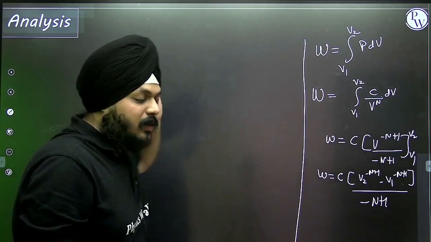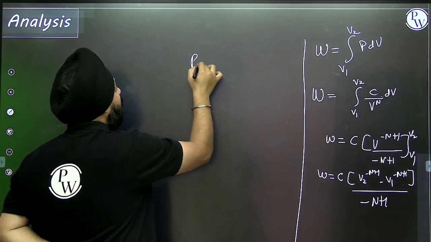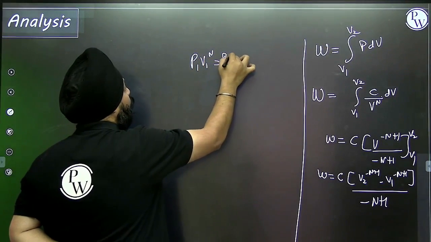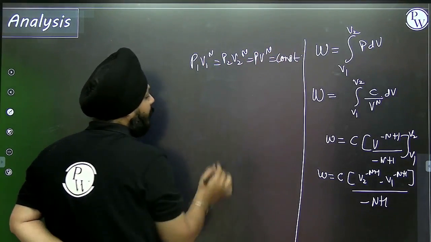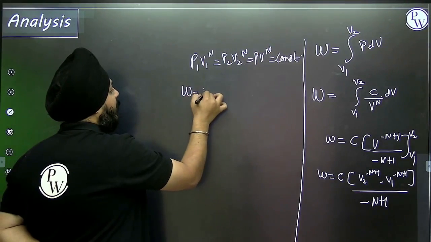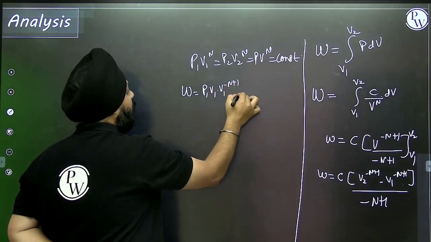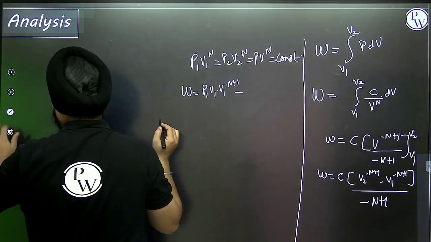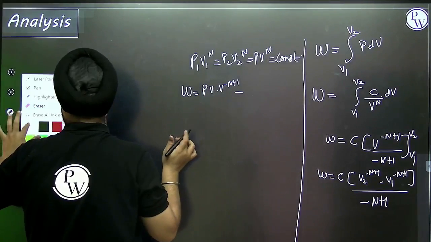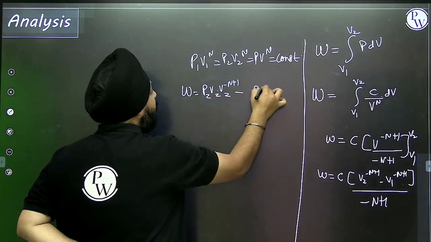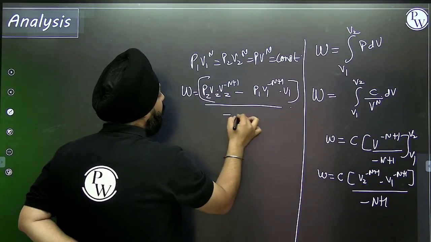So here, according to this phenomenon, for this polytropic process, P1 V1 to the power N equals P2 V2 to the power N, that is, PV to the power N is equal to constant. So in that case, the work done we can write as P1 V1 times V1 to the power minus N plus 1, minus, I'm sorry, we need to write V2 first to evaluate it easily, P2 V2 times V2 to the power minus N plus 1 minus P1 V1 times V1 to the power minus N plus 1, whole divided by minus N plus 1.